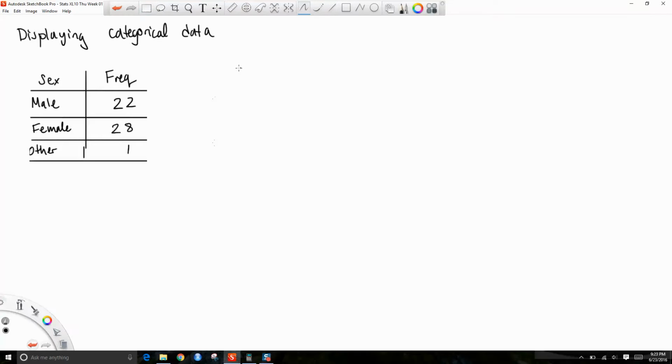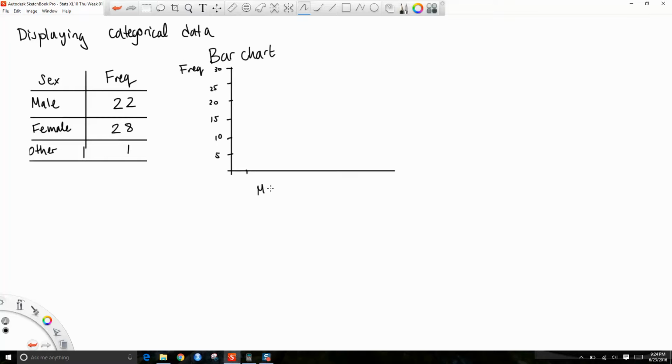And so we can display categorical data with what we call the bar chart. Okay, and so the bar chart, on one axis you will have a number line that represents frequency, okay? And then on the other side you will have the categories.